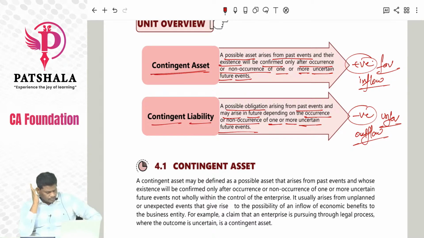Transactions and events which are confirmed and economic are only recorded.